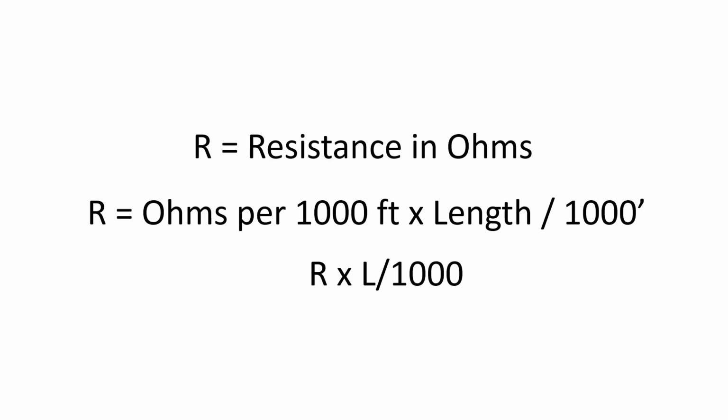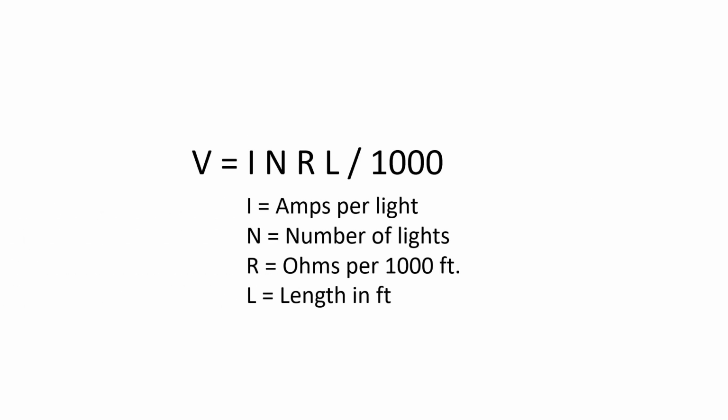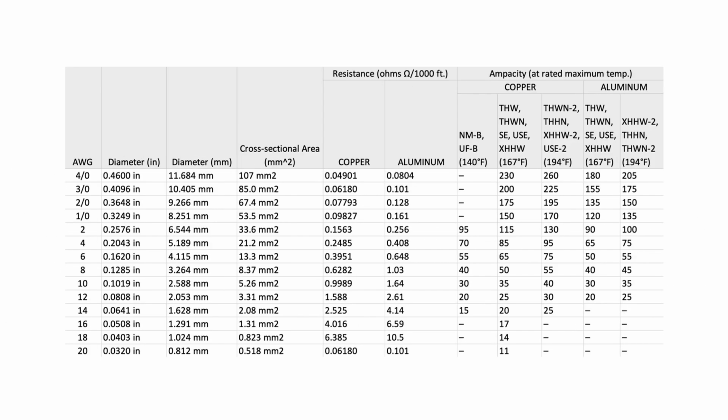So the R will turn into resistance in ohms per 1,000 feet times the length divided by 1,000. So now our equation is volts is equal to amps per light times the number of lights times resistance in ohms per 1,000 feet times the length of the wire divided by 1,000.